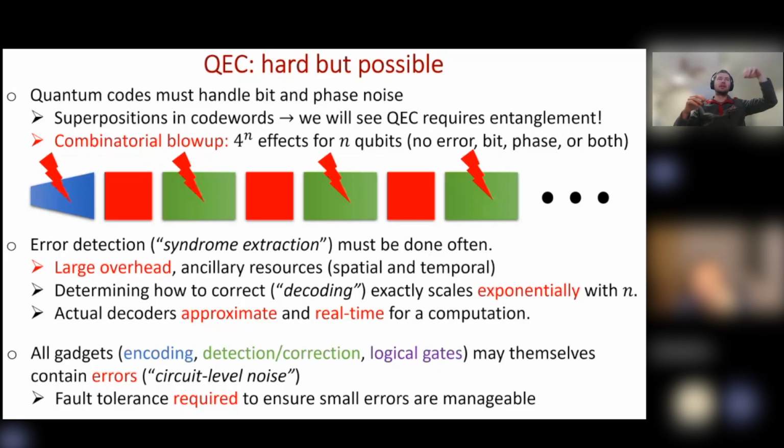Okay, so this is the art of fault tolerance. Designing fault-tolerant gadgets means designing gadgets that work in tandem with the code and do not amplify errors in a way that the code is no longer able to correct them. So this fault tolerance is built on top of error correction.